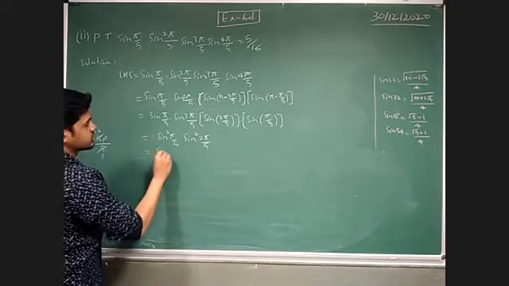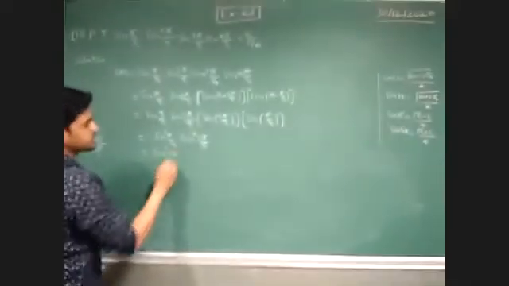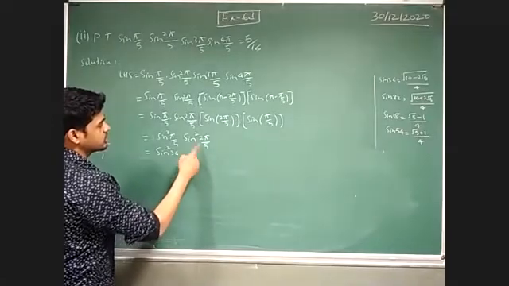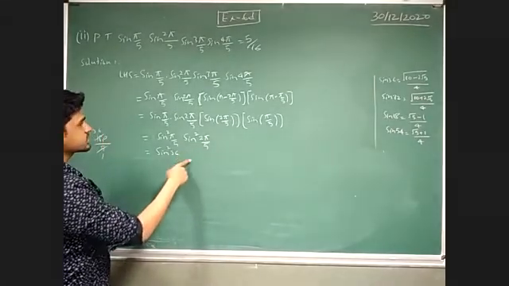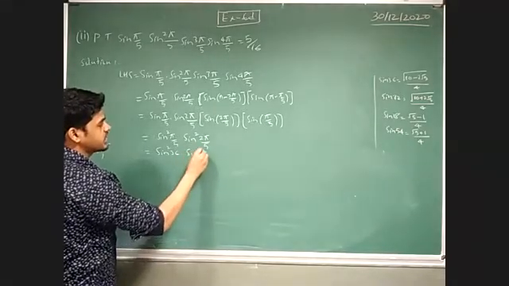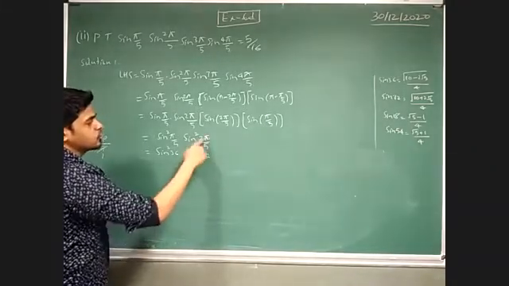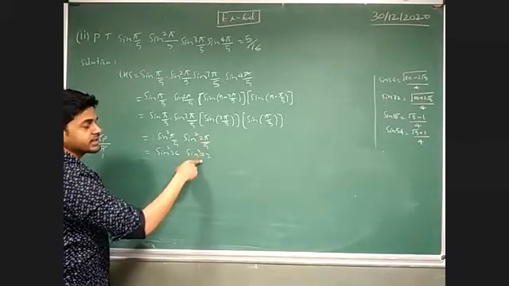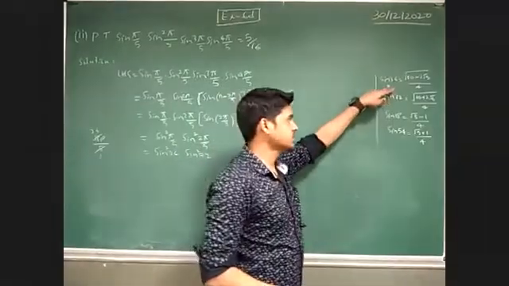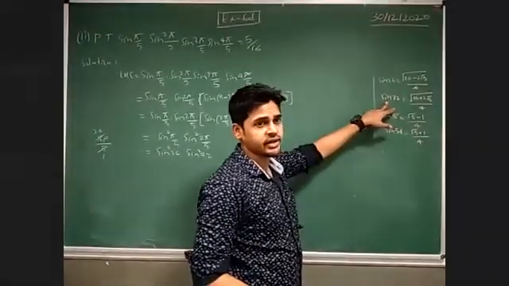So pi by 5 is nothing but 36, so sine square 36. And 2 pi by 5 is nothing but 72, so sine square 72. And I know the values of sine 36 and sine 72.